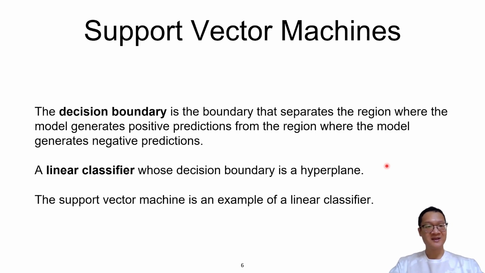This line or hyperplane is called the decision boundary. It separates the region where the model generates positive predictions and the region where the model generates negative predictions. In the simplest form, support vector machines give us a linear classifier, which is when the decision boundary is just a hyperplane.